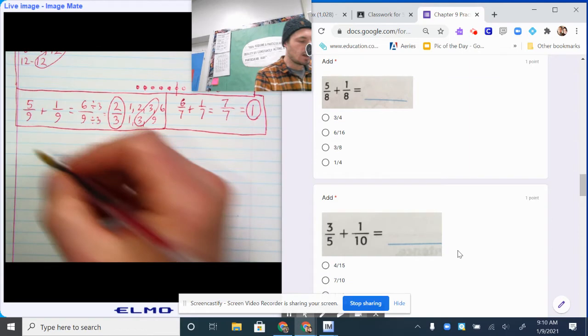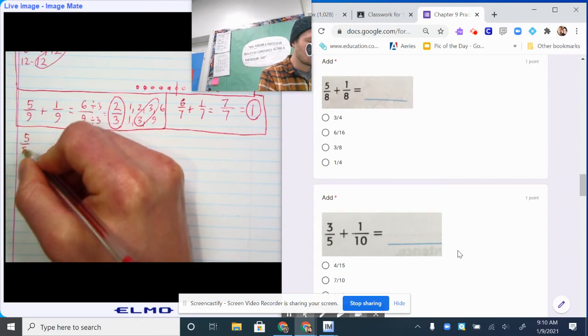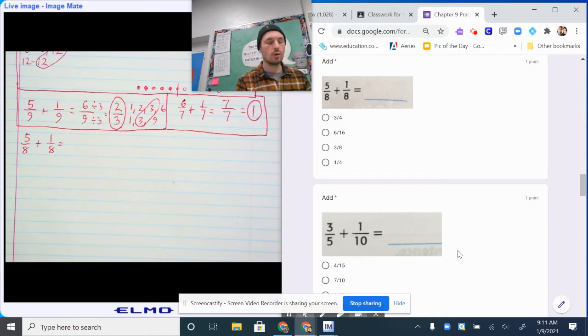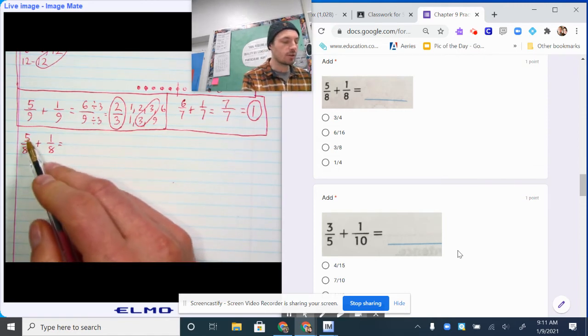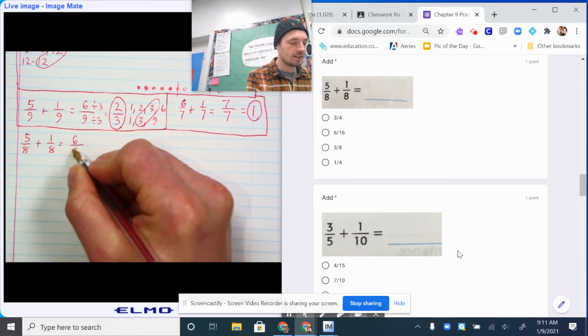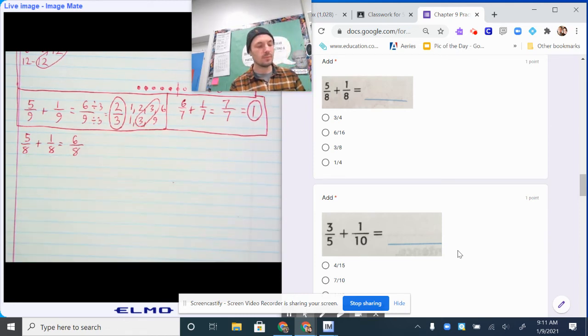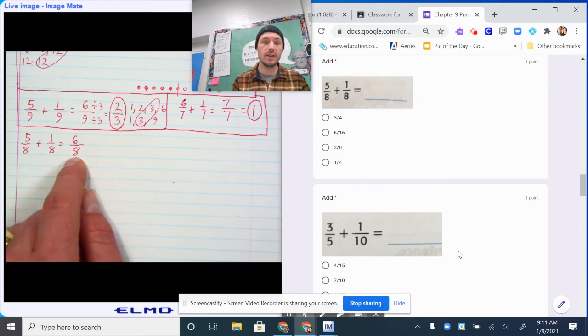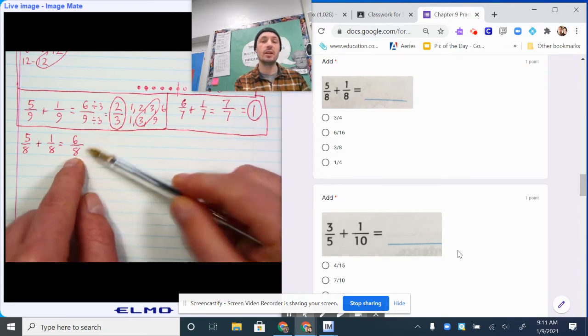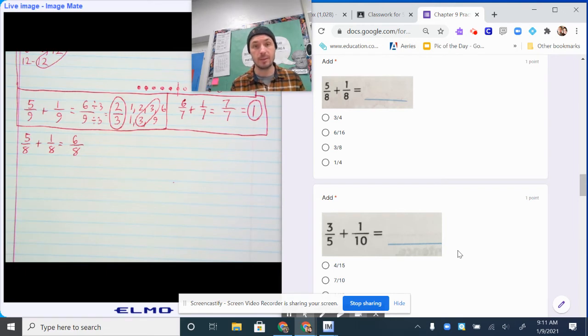5/8 plus 1/8. We put it down on our scratch paper. 5/8 plus 1/8. We add our numerators together. 5 plus 1 is 6, and the denominator 8 stays the same. Now, can this be simplified? Anytime both the numerator and denominator are even numbers, you know they can be simplified.